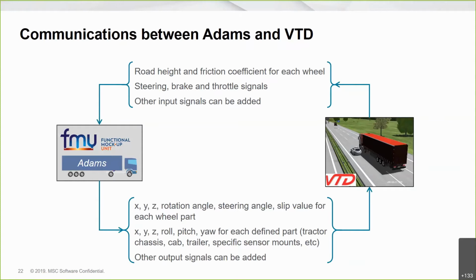For example, VTD, as a comprehensive environment simulation platform, will give signals to Adams as to how the steering, the brake, and throttle are going to react based on the current environment. So that is the control logic that's included in the VTD platform. You can, of course, define your own control algorithms inside that.